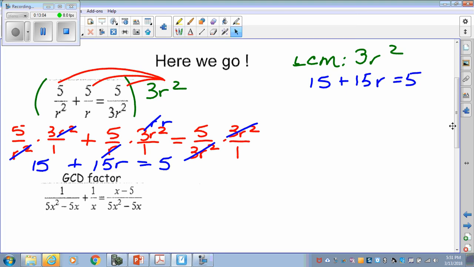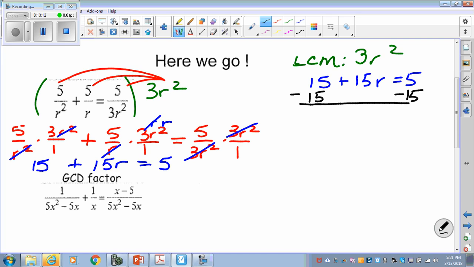All right, and then I want the r by itself on one side, so I'm going to get rid of this 15, so minus 15 on both sides. That is 0, right? So I get 15r equals, and then 5 minus 15 is negative 10.